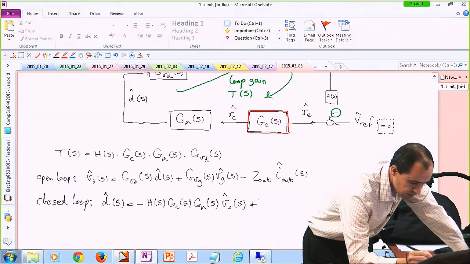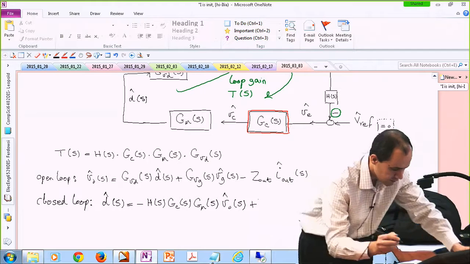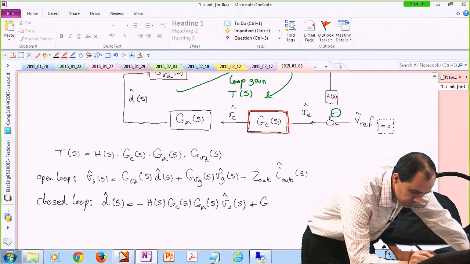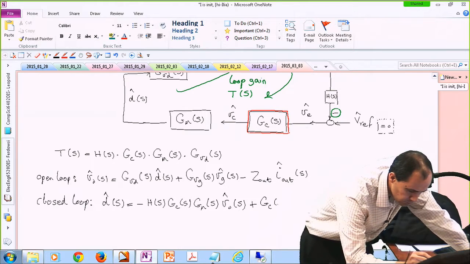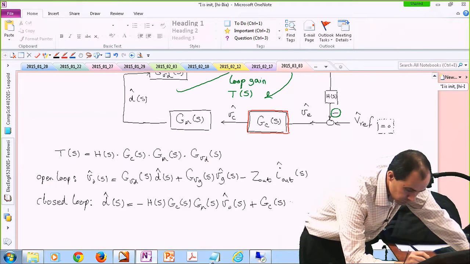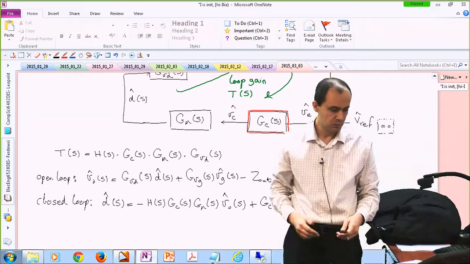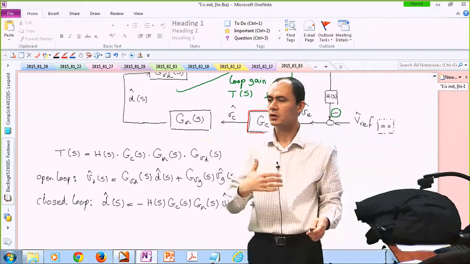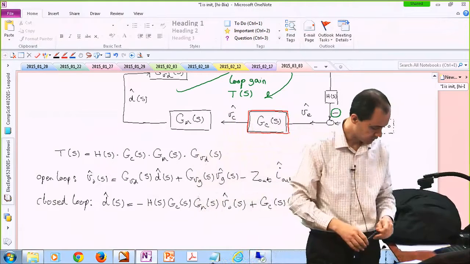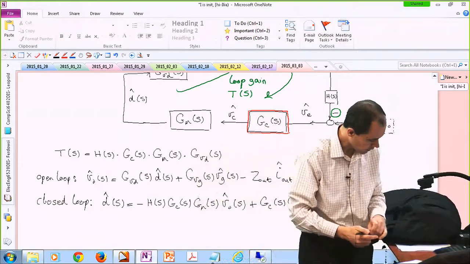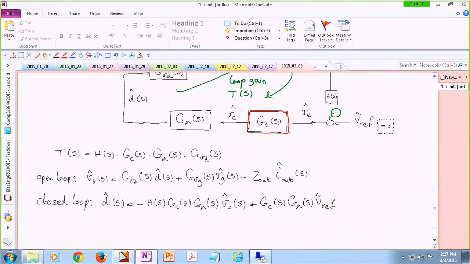Plus, in case there are perturbations in the reference, okay? So we're also considering in the very general case that the reference could also be changing a little bit. All right, so I'm just going to combine these two equations with each other.